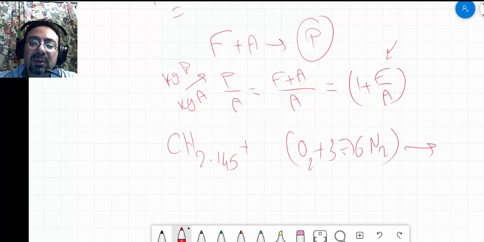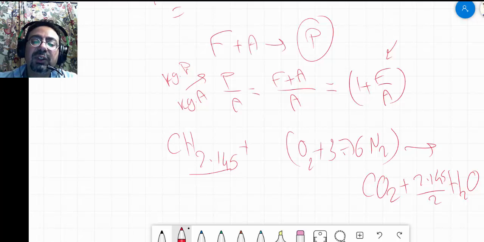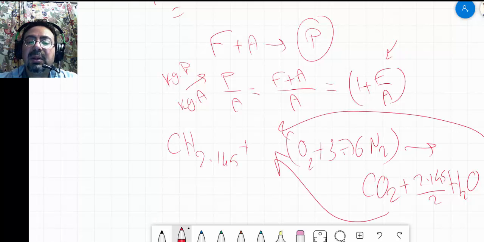So what do we do? As in the previous lecture, you get CO2 and H2O for complete combustion. How much H2O? 2.145 divided by 2, conservation of mass of the hydrogen atoms, and then you put those numbers over here, right?